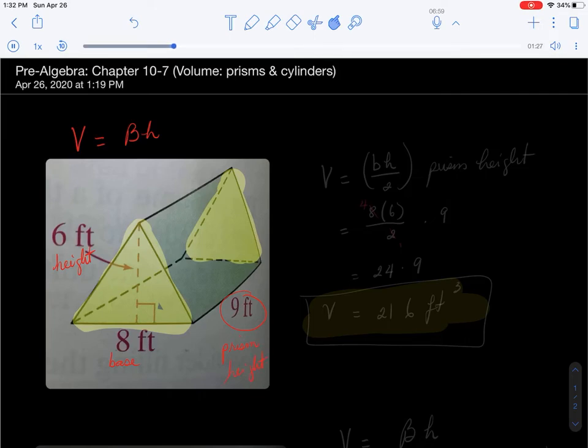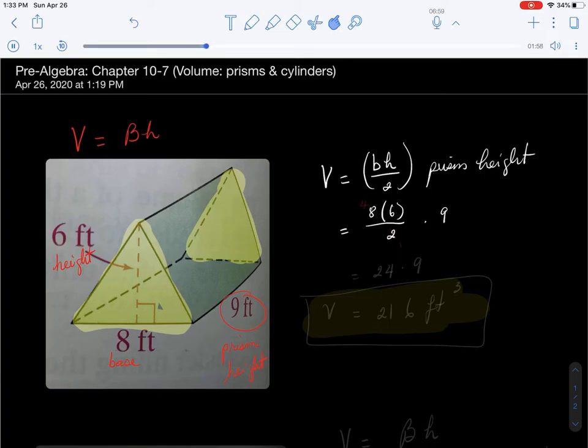Okay, so what we have here is volume equals the area of the triangle, which is base times height divided by 2, times the prism height. Okay, times the prism height. In this case the base is 8 times 6 divided by 2, and then I multiply by 9.